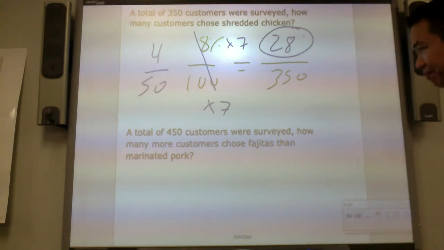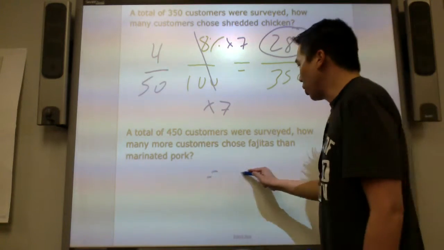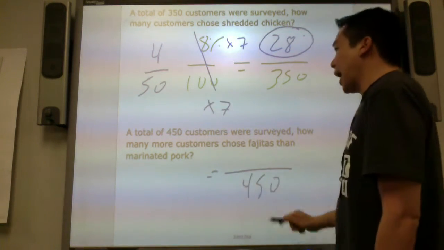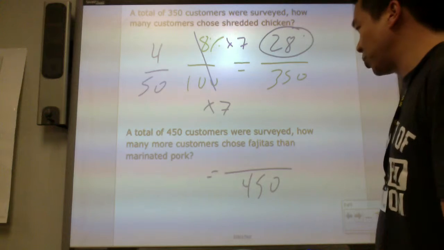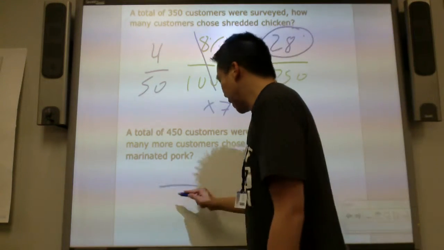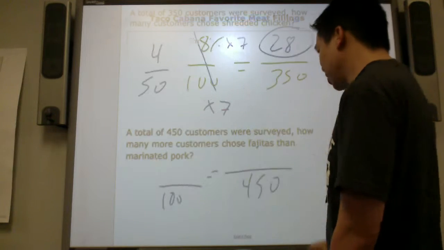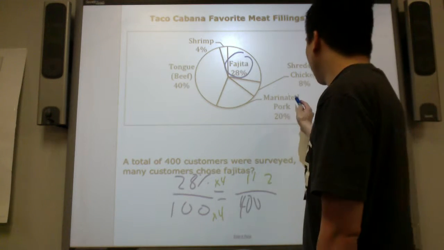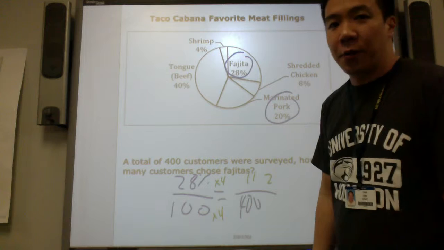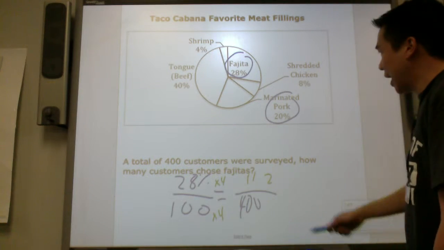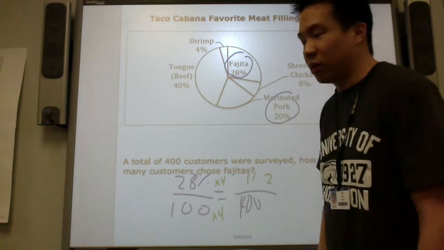A total of 450 customers were surveyed. How many more customers chose fajitas than marinated pork? As you can tell, people love their fajitas compared to marinated pork. By 8% more.